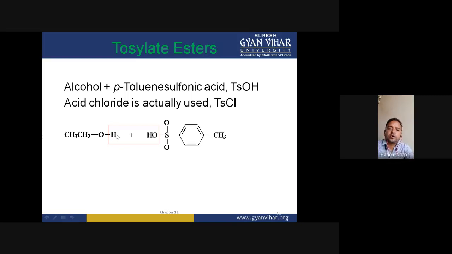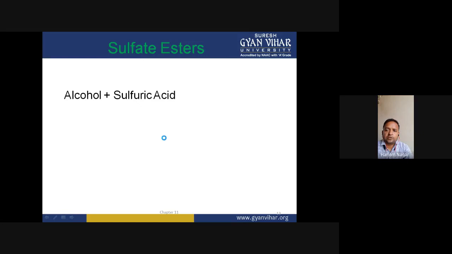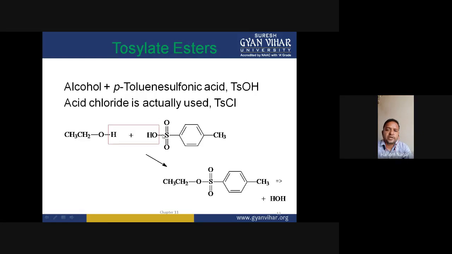This is the alcohol and this is para-toluene sulfonic acid, SO3H. By the reaction of these compounds, there is removal of a water molecule, where H and OH are removed from these compounds.